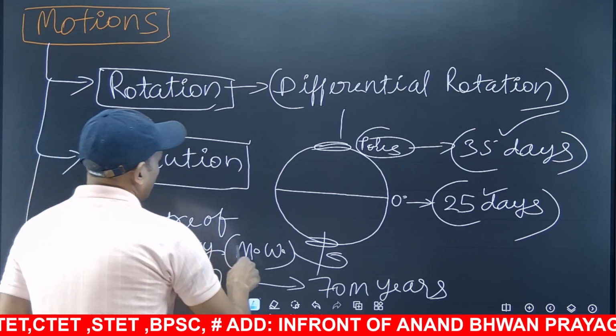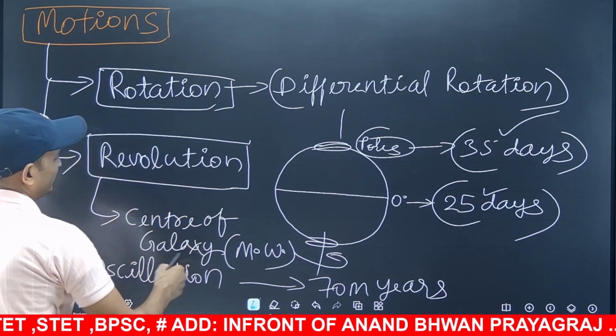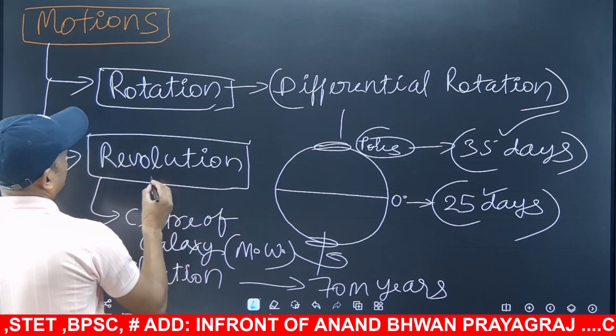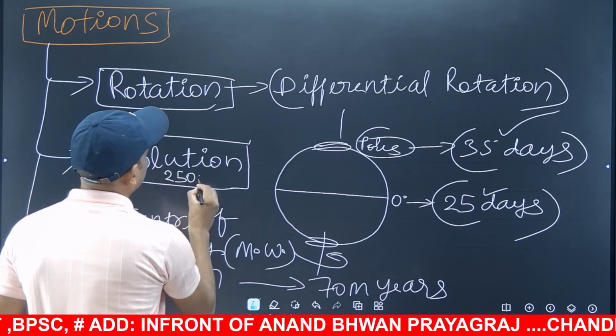And as we see here, the revolution of the sun around the center of the galaxy gets completed in around 250 million years.